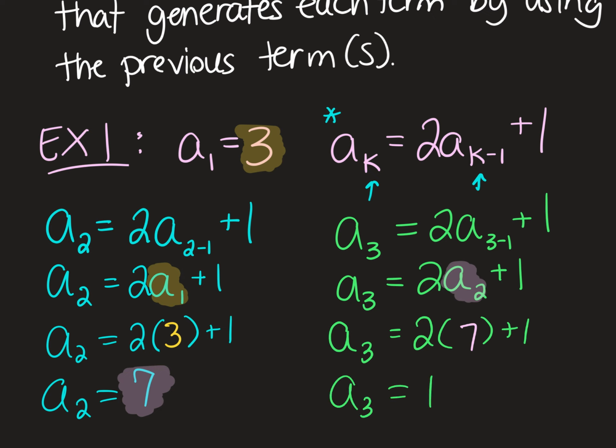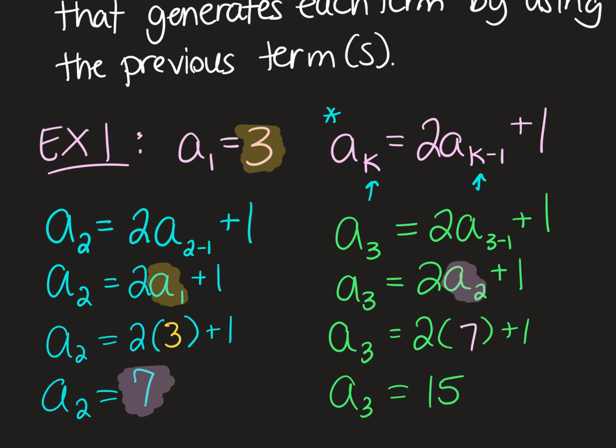So that gives me 15. Now I know the third term in the sequence. So at this point, my sequence is 3, 7, 15. Now there's going to be more terms depending on how far you want to go. But again, if I ask you to find the 12th term in this sequence, you're going to have to find 11 terms before you can find the 12th term.